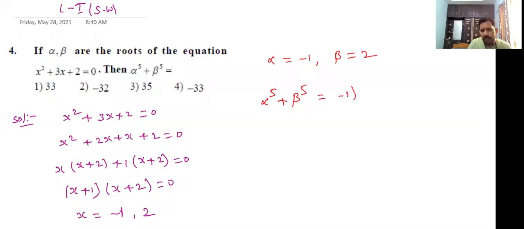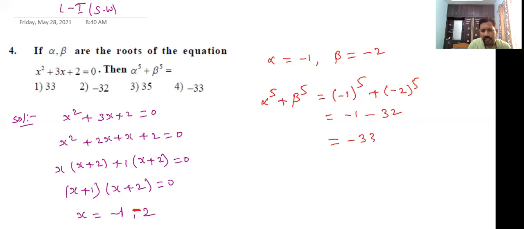Substitute: minus 1 whole power 5 plus minus 2 power 5, which is minus 1 minus 32.